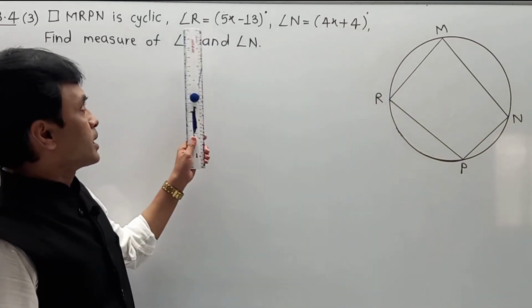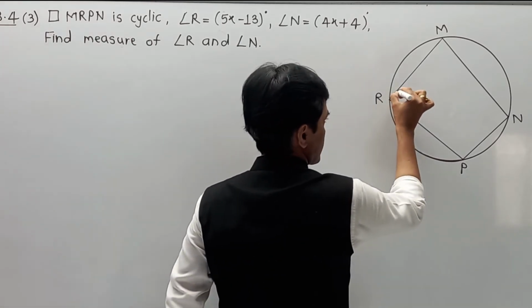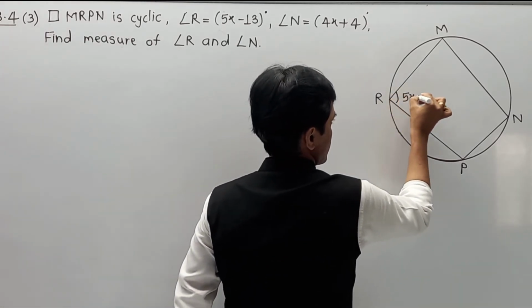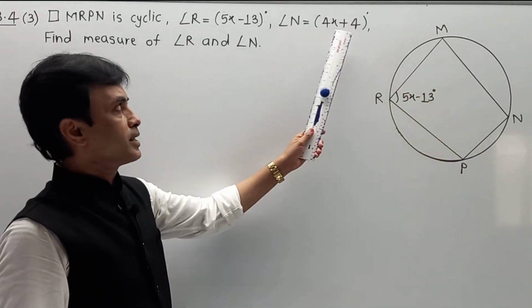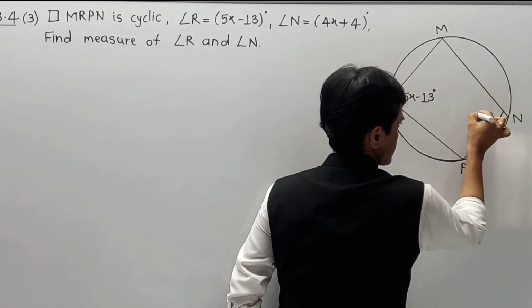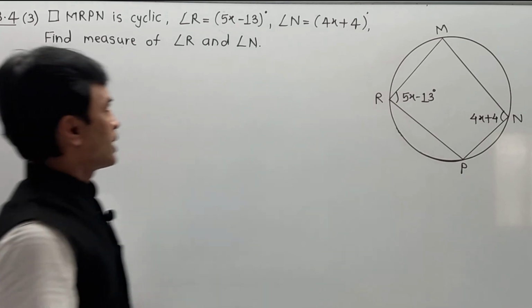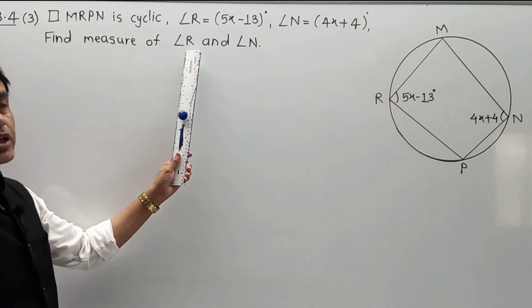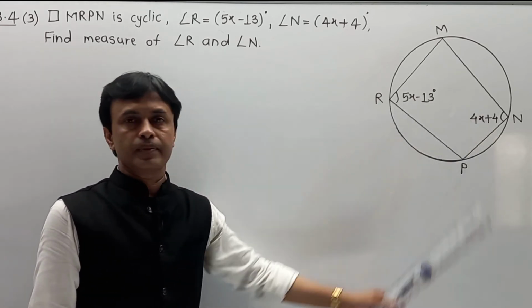As per the condition, angle R is equal to 5x minus 13 degrees. Angle N is equal to 4x plus 4 degrees. Then find the measurement of angle R and angle N.